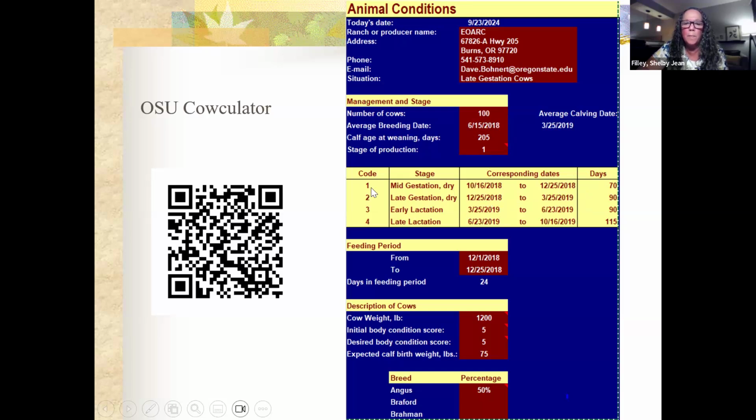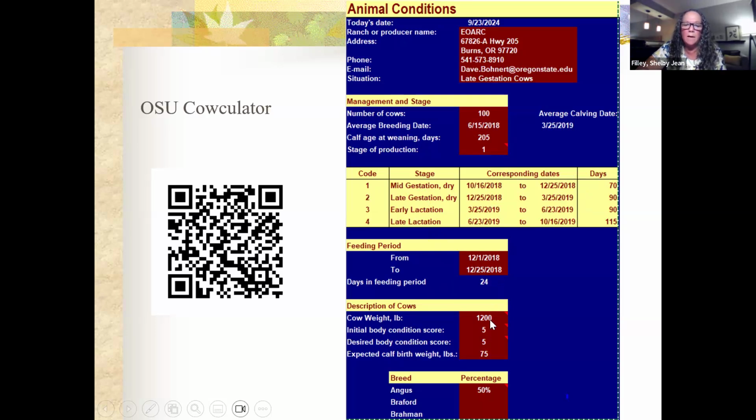So you choose the code based on where these animals are in their biological cycle. All right. And then you have a feeding period. So you want to know what ration to feed them from this range of dates here, and how many days are in the feeding, 24.